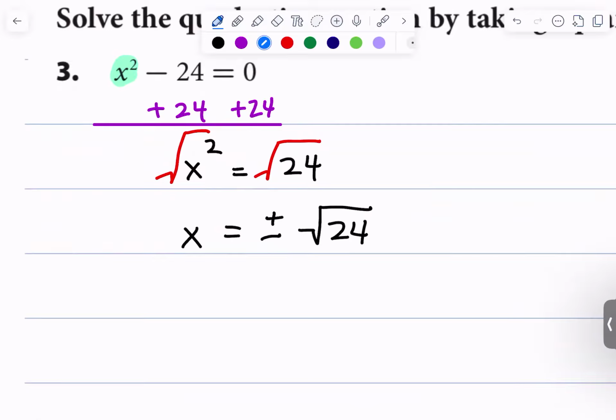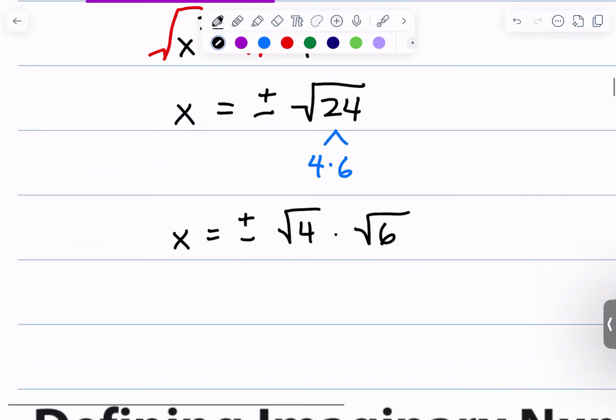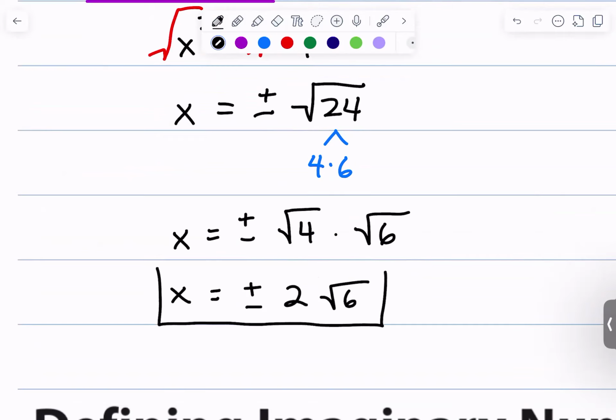So 24 can be 4 times 6. So this is going to be plus or minus square root of 4 times square root of 6. And then we have square root of 4 equals 2. So this breaks out to be 2 square root of 6, right? Plus or minus equals x. And that is my answer there. Okay?